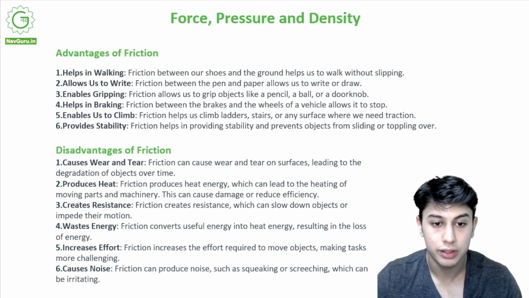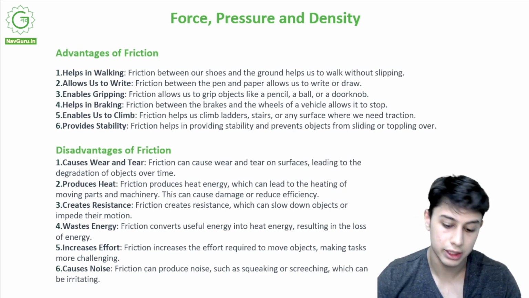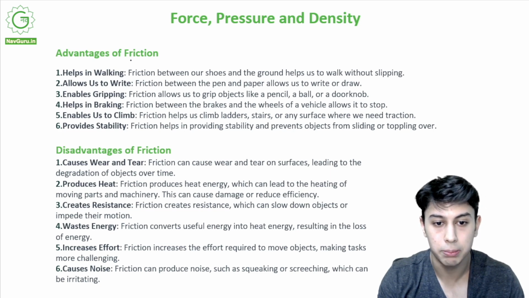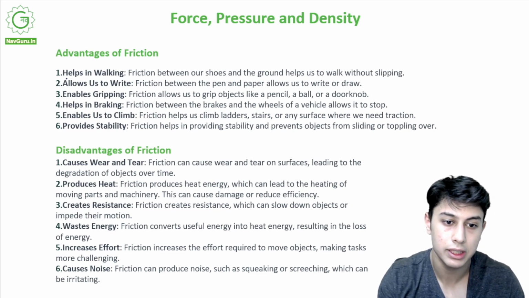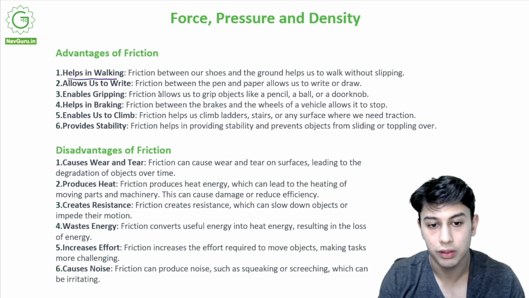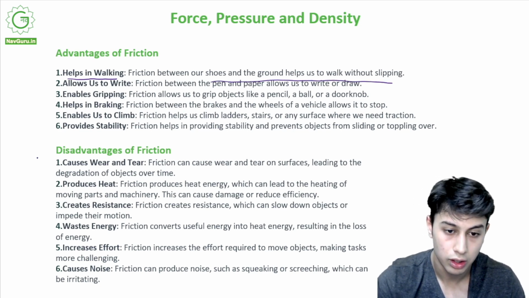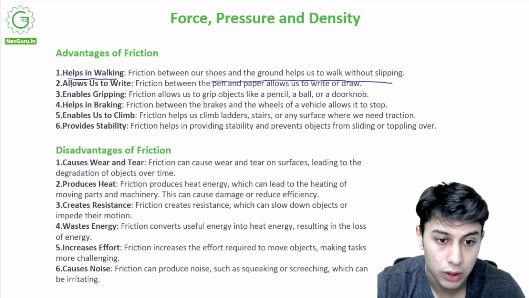Now we have some advantages of friction. What does friction help us in? Friction helps us in walking. Friction between our shoes and the ground helps us to walk without slipping. Friction allows us to write.